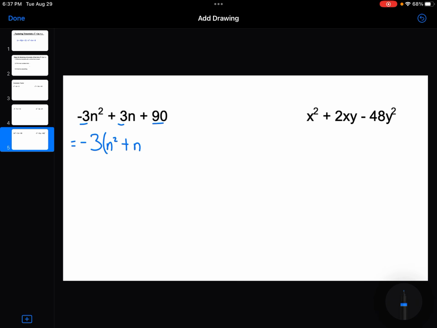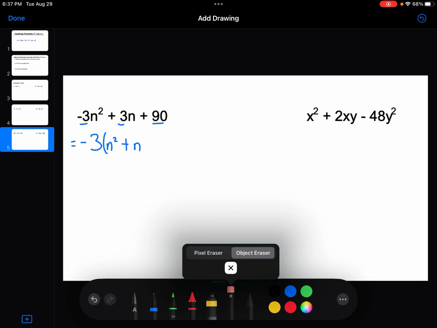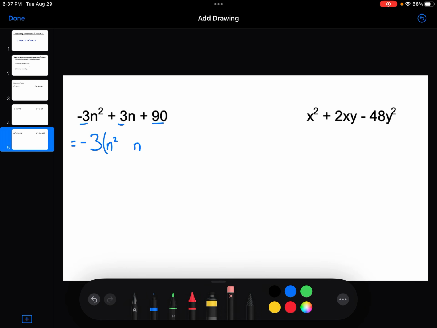And now I'm going to be left with n squared, but if you look, I've actually made a mistake here, and I've got to be careful because I factored out a negative. And when I went to the next term, a negative and a positive would have given me the wrong answer. So this has to be negative now because I've taken a negative out of all of the values.